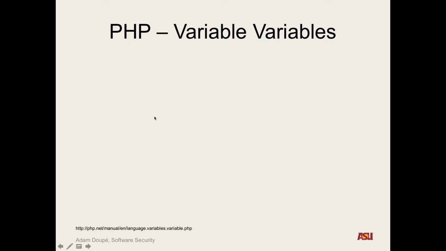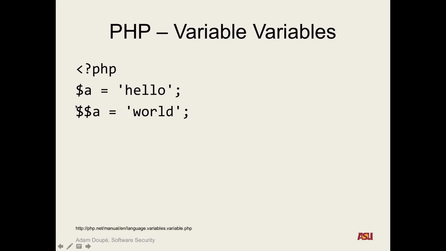Now we have variable variables, which I honestly don't know of any other languages off the top of my head that allow this. The idea is, on this line I'm creating a new variable called $a that has the value hello.